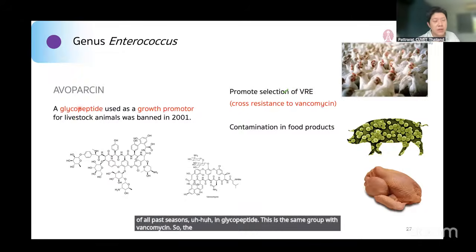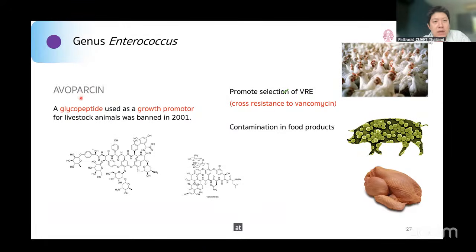So the bacteria can develop resistance to avoparcin and cause cross resistance to vancomycin, because they use the same mechanism of resistance. And then the VRE from livestock can contaminate the food products and transmit to humans.